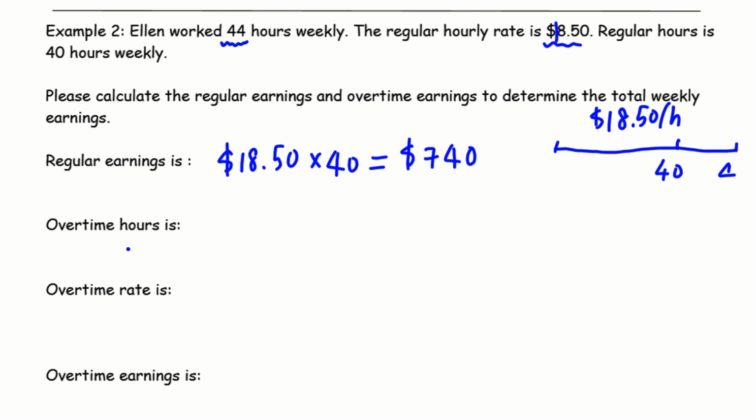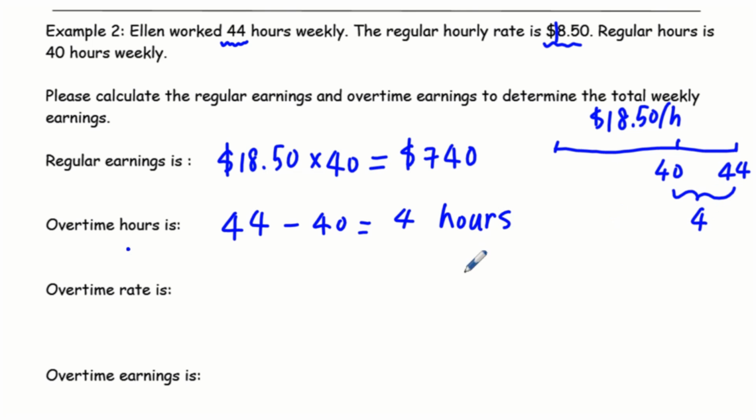Altogether worked 44 hours. So the hours beyond the regular hours is your overtime hours. So it will be the difference between the 44 and the 40, is subtraction. So Alan works 4 hours beyond the regular hours. This is your overtime hours, so it's 4 hours.